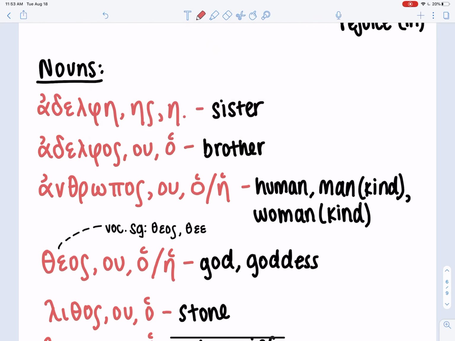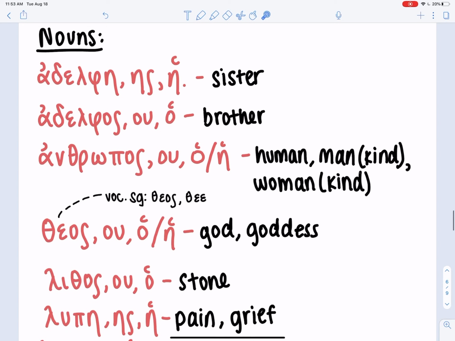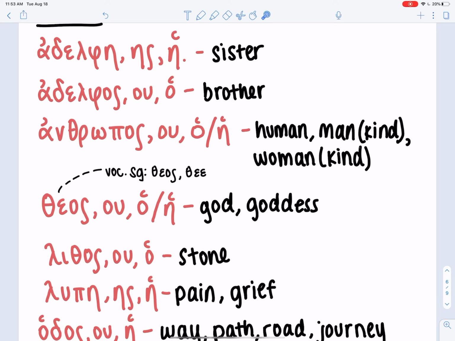Okay, first we have adelphe, adelphes, he, which means sister. And then we have the corresponding masculine, which is adelphos, ho, which means brother. And remember that this second ending included in the dictionary entry is genitive, just like Latin.